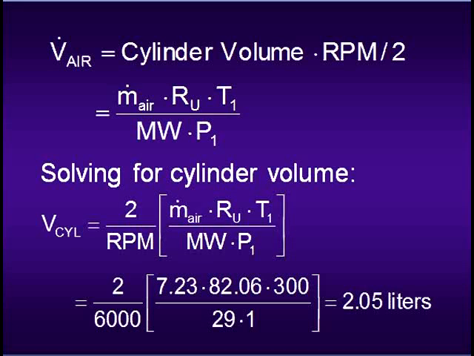And I took the cylinder volume to be the mass, so this all equals the mass flow of air we're processing, RT over molecular weight times P. And equating those two tells us that we need 2.05 liters. I've gone through that kind of quick. Stop the tape, go through and solve this problem on your own time.